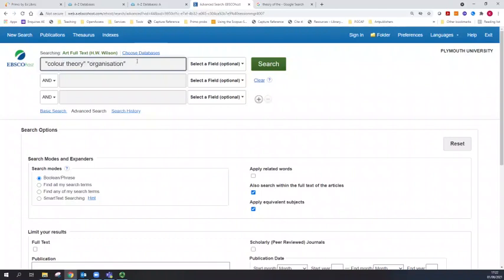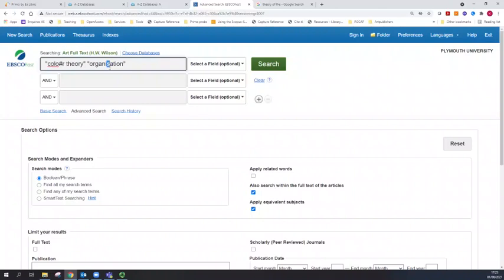And there are two different wildcards that will deal with the different situations. So for colour, in this database, you would use a hashtag, and that hashtag will stand for no letter or this additional letter.